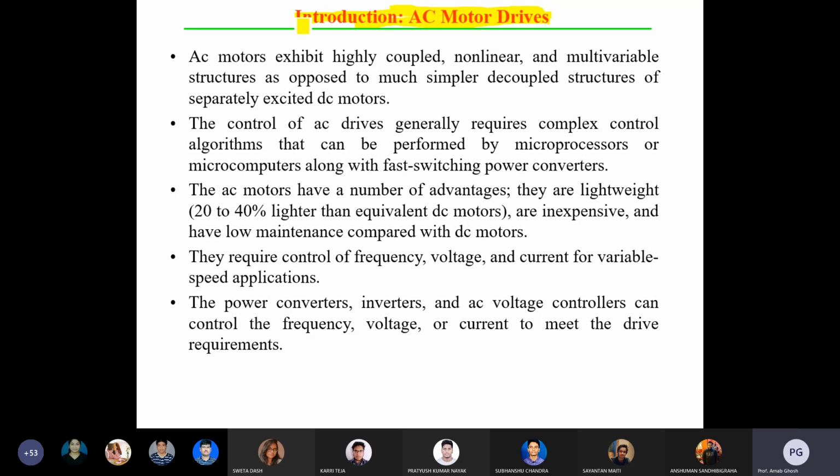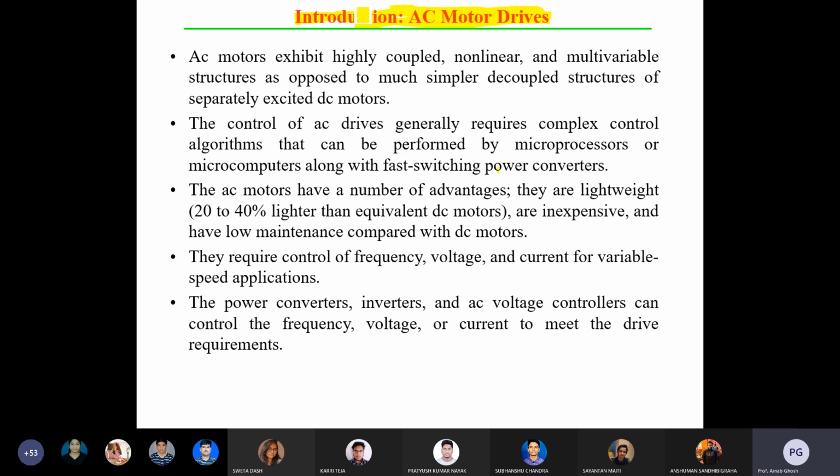If you transform all those parameters into the dq axis, the controlling method is quite easy to handle, and you get other benefits from those machines or controllers. This is the basic reason for using AC motor drives over DC motors.